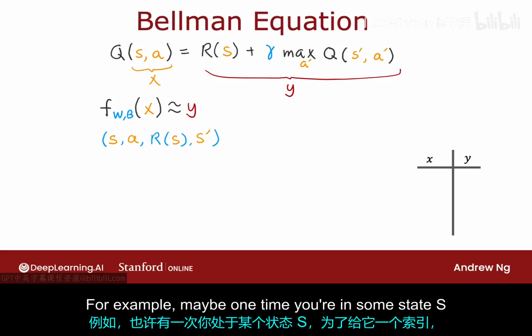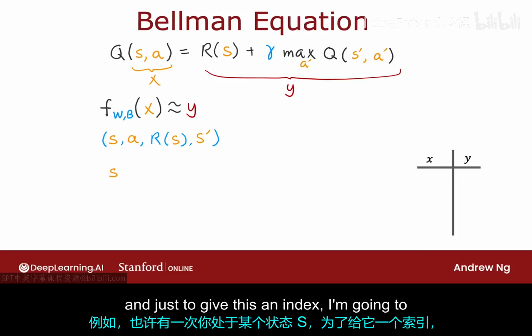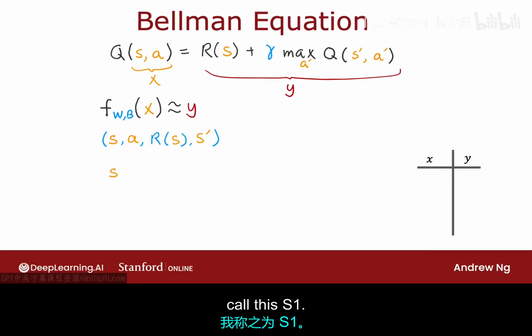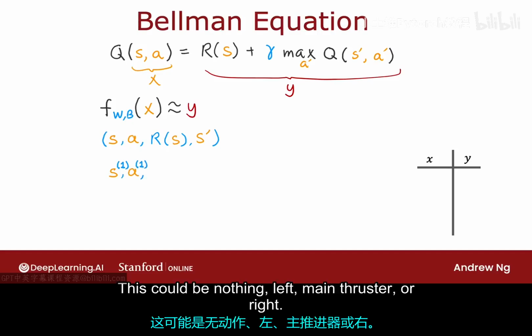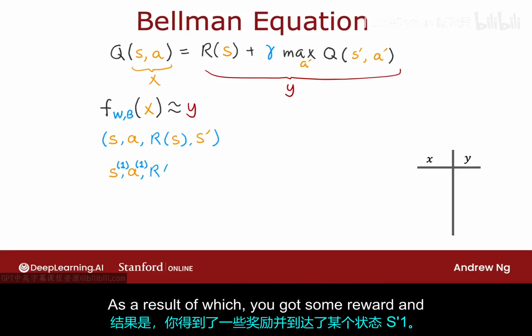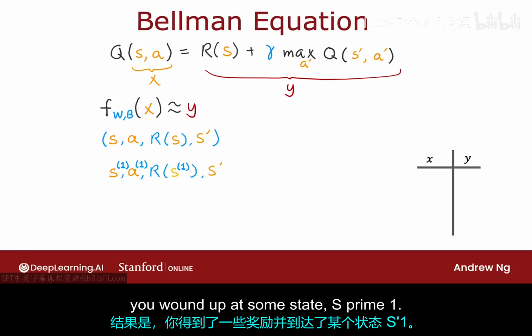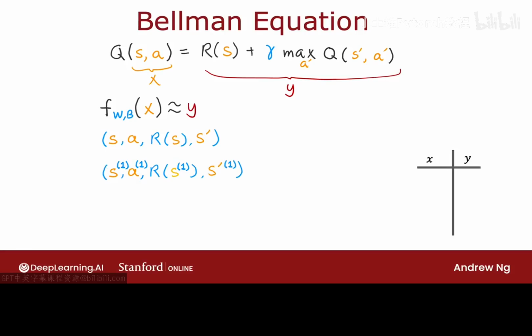For example, maybe one time you're in some state S, and just to give this an index, I'm going to call this S1. And you happen to take some action A1. This could be nothing, left, main thruster, or right. As a result of which you got some reward and you wound up at some state S prime 1. And maybe a different time, you're in some other state S2.